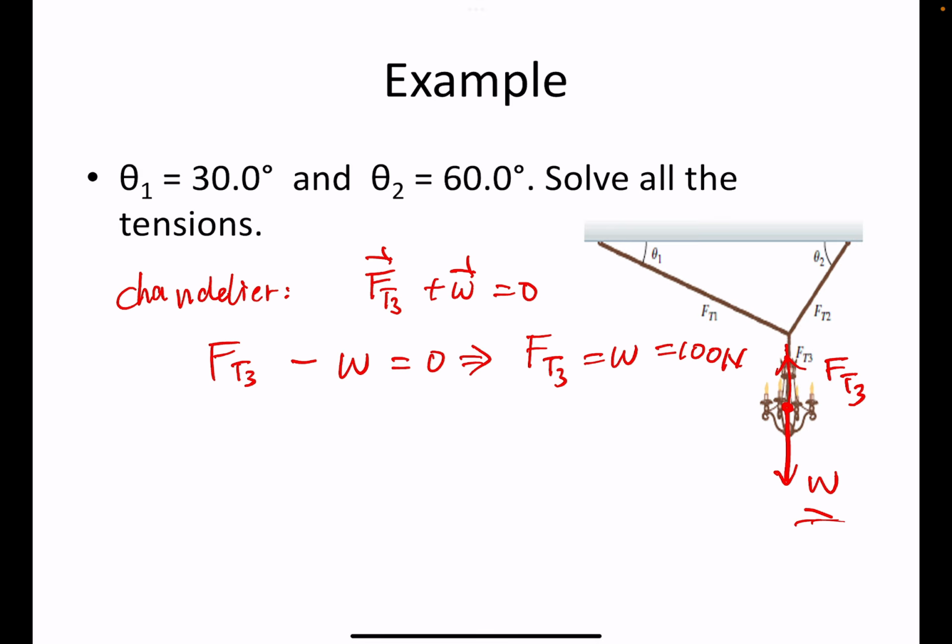Okay. Now we need to look at this joint point, and there are three forces acting on it. This one is Ft2. This is my x. This is my y.